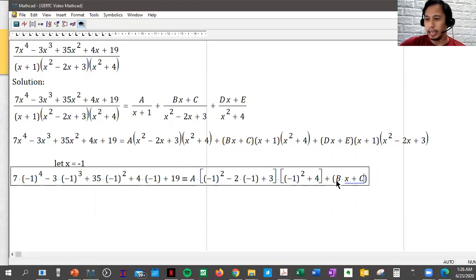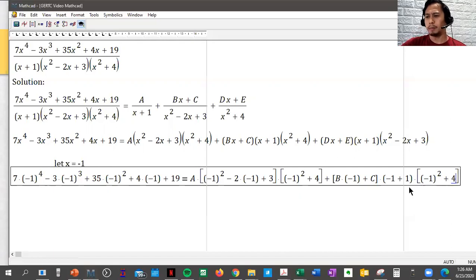Again, we make x equal to -1, then times -1 plus 1, so that is 0, right? Times -1 squared plus 4.